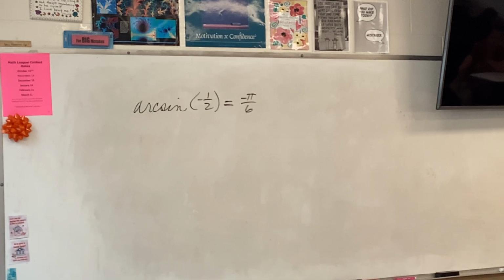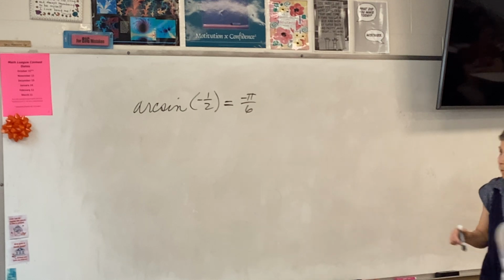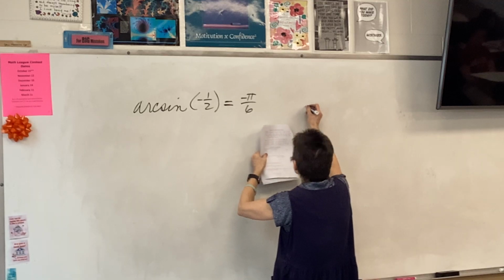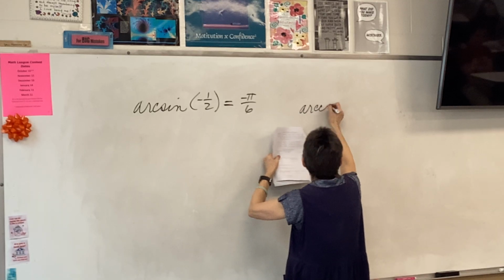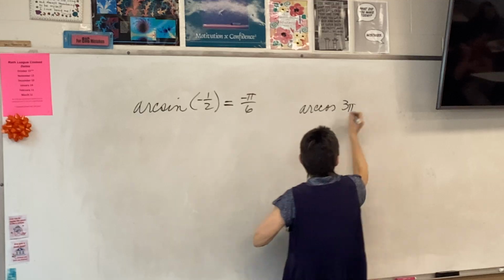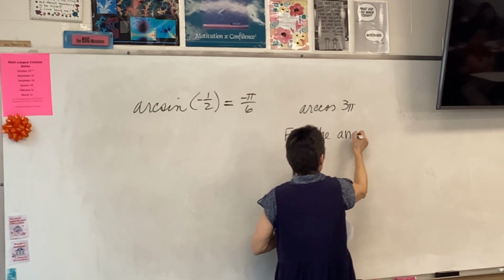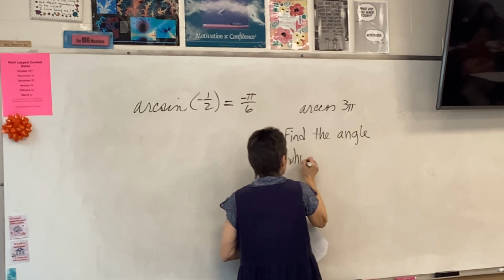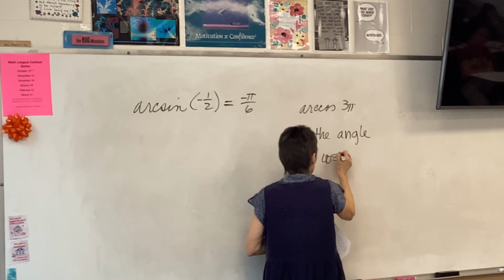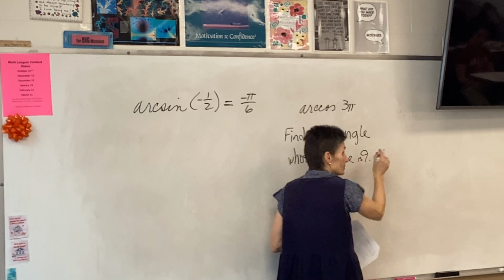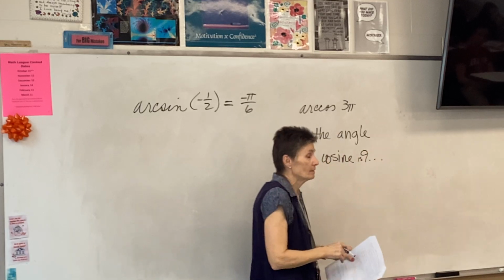And then what about C? Not possible. What that question is asking you is, it says literally, find the angle whose cosine is 3 times 3, which is 9.